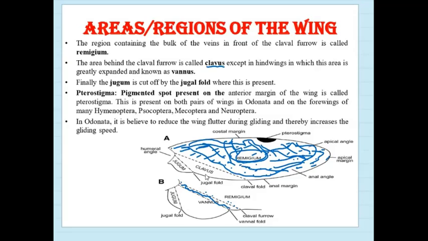And this is clavus, and after this is jugum. Finally, the jugum is cut off by the jugal fold. This part is jugum.